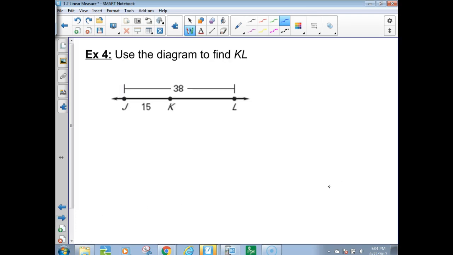Then you might have one where you aren't going to add, you are going to do the opposite of add, which is subtract. So since JK plus KL is equal to JL, you can substitute in 15 for the JK, plus, you can think of this KL as an X, and then that would equal 38.